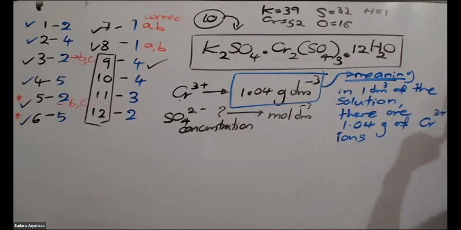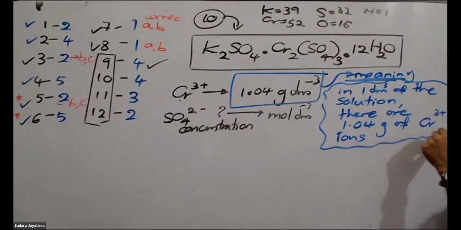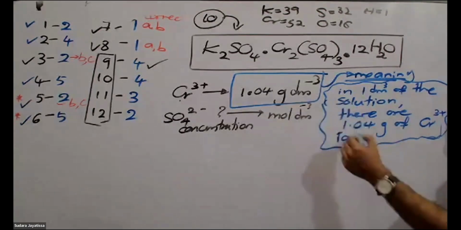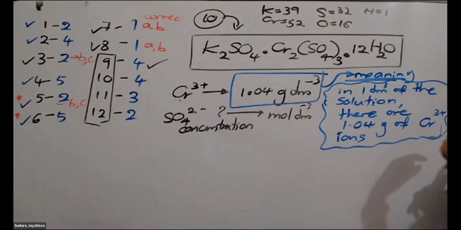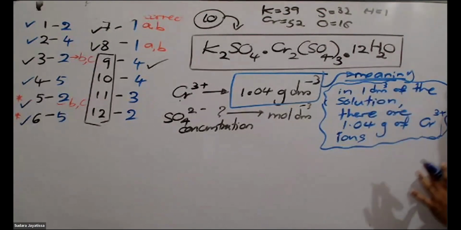That is the meaning of this value. It is not the density, okay? It has the units of density, grams per decimeter cube, but don't misunderstand it as the density. What it is telling is, in this 1 decimeter cube of solution, there are 1.04 grams of chromium. It's very easy, isn't it?